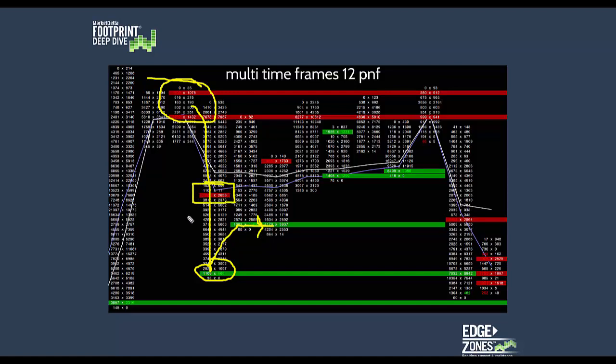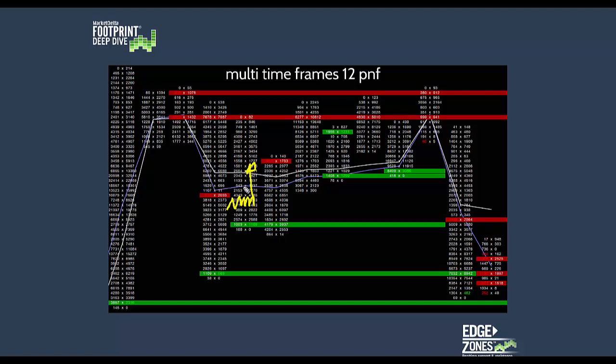But here's what's really important about understanding 12 PNF or 60-minute edge zones. You see how it got through it and it looks like it just effortlessly went through it. If you look at a 4 PNF, I can almost guarantee you that it rotated a few times before it blasted through.